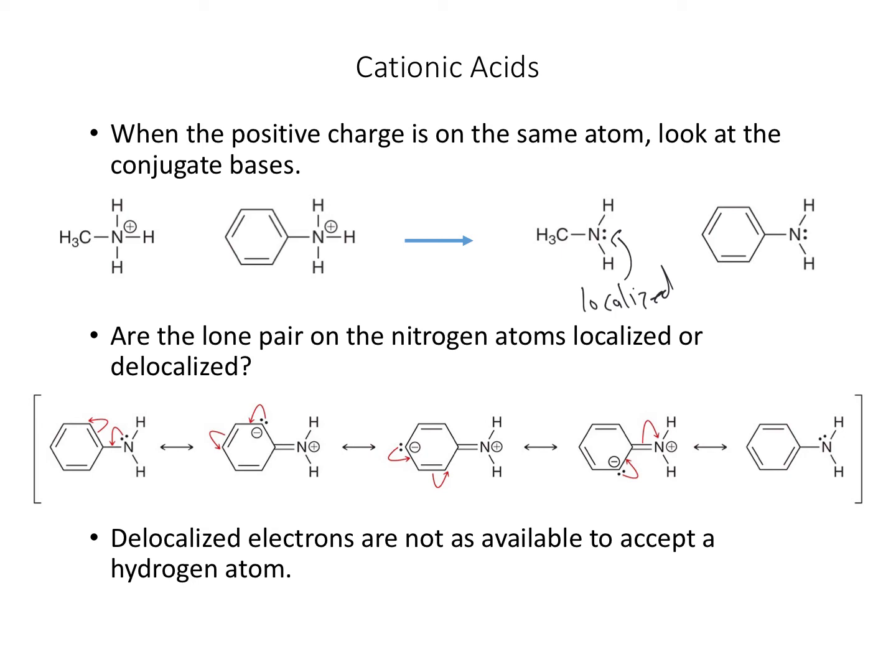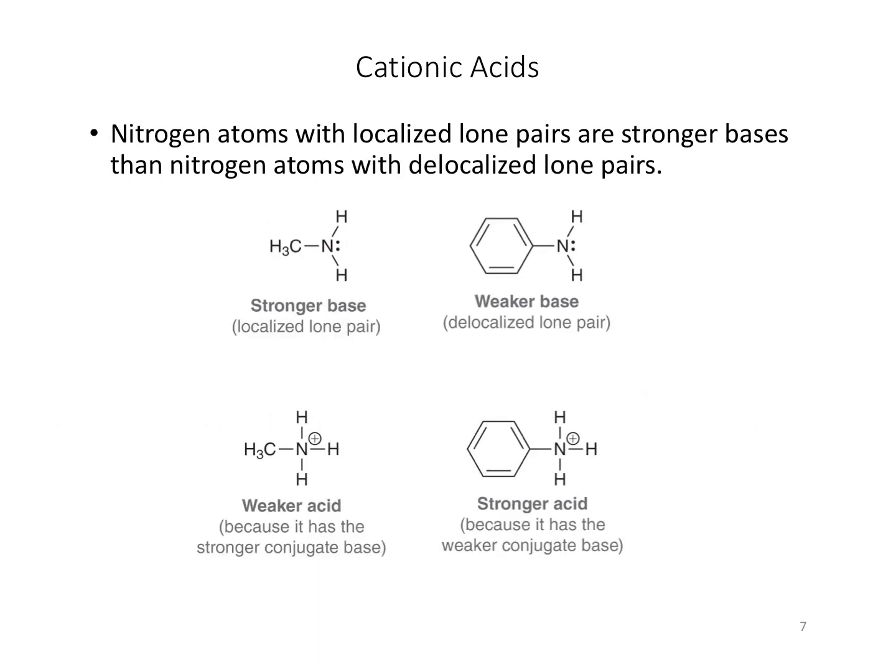So what that's telling us is that when the lone pair is delocalized, as it is here, if it's not on the nitrogen in a lot of the resonance structures, then in the resonance hybrid, there's going to be less lone pair character on that nitrogen, and so it's not as available to accept a hydrogen. What makes a base is its ability to accept H pluses, so delocalized electrons are less available to accept hydrogen atoms, and that means that they're going to be less basic.